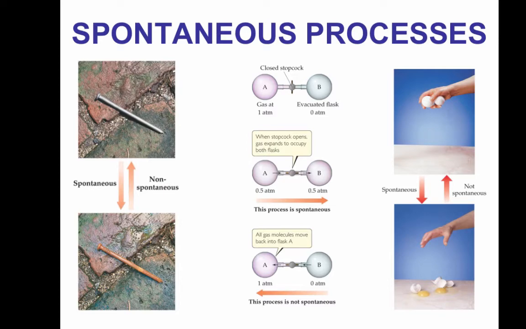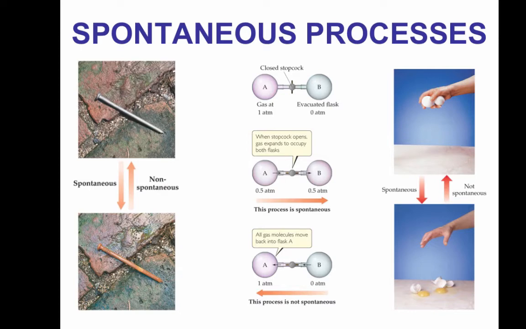And I think a great example is dropping an egg. Right? If you hold an egg up, you let go, it's going to fall, it's going to break. Well, if you try to go the opposite way, that's not spontaneous. And again, something that is important to remember, especially with the example of the rust, just because something is spontaneous does not necessarily mean that it will occur at an observable rate. Okay, that is kinetics.